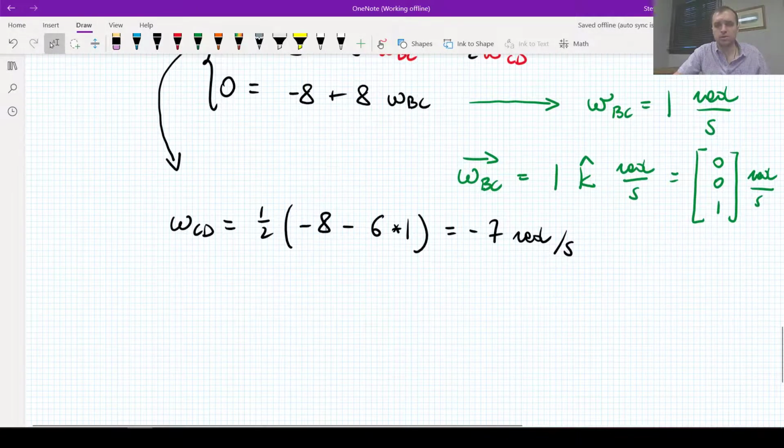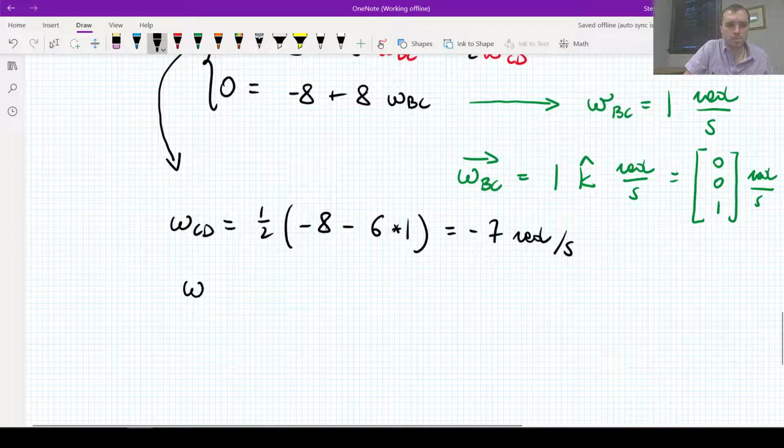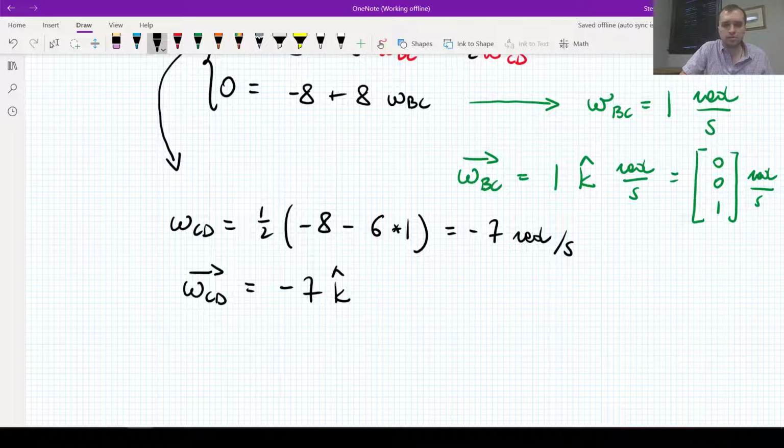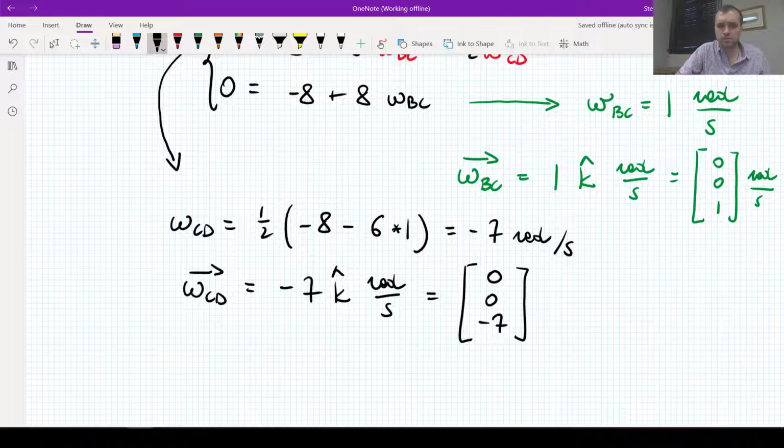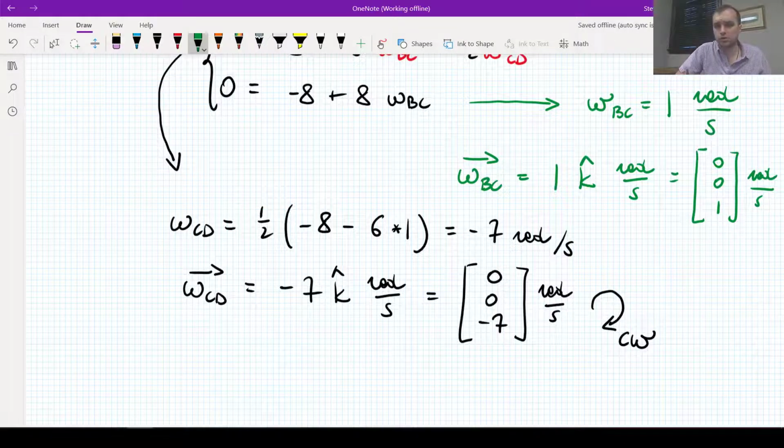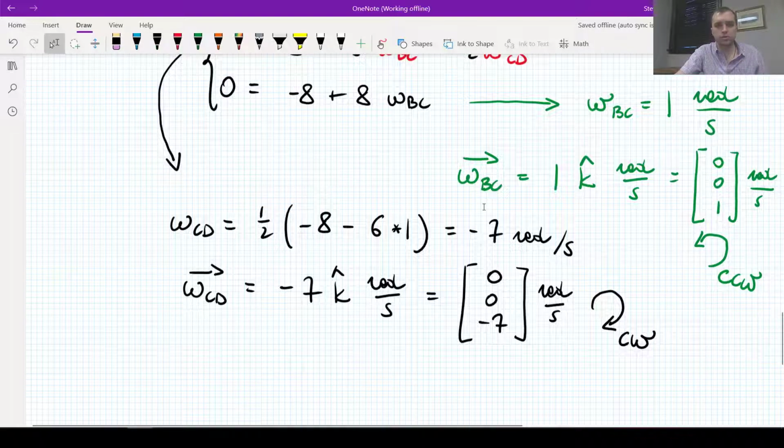Okay, so our omega CD vector-wise will be minus 7k radians per second, or 0, 0, minus 7 radians per second. Of course, this vector will rotate clockwise, and the other one will rotate counterclockwise.